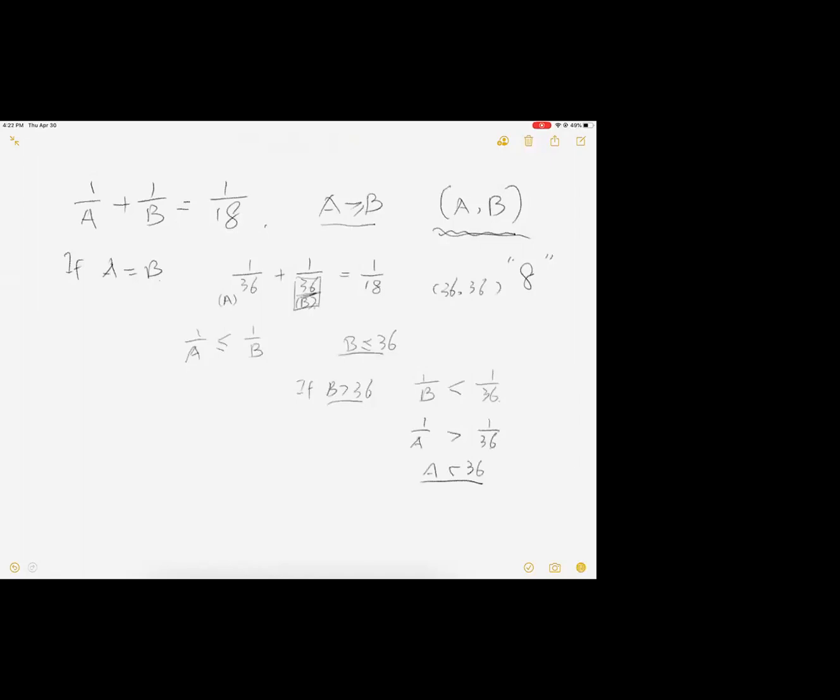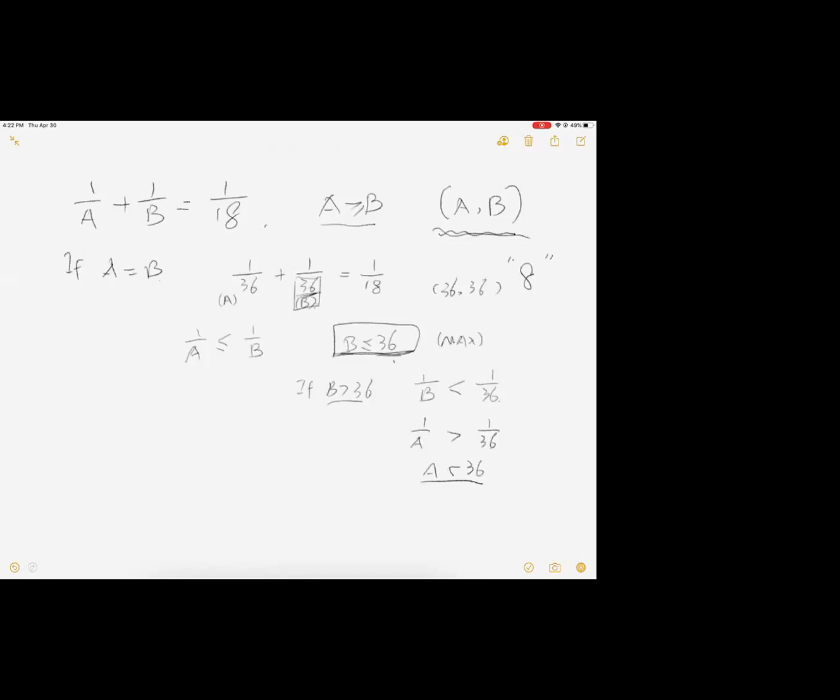So the biggest number B can have is 36. Up to here, I fixed the upper bound of B, okay? And then I keep going. What's the smallest value B can have? The largest number B can have is 36.